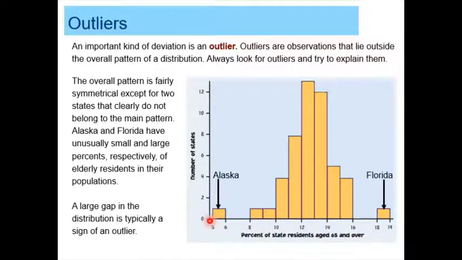In Alaska, they are very few, almost 5 to 6 percent, whereas in Florida there are a lot of such people. So these two states look like outliers, but we cannot say merely by seeing that these are outliers. There are different tests we have to perform to identify whether they are outliers or not.